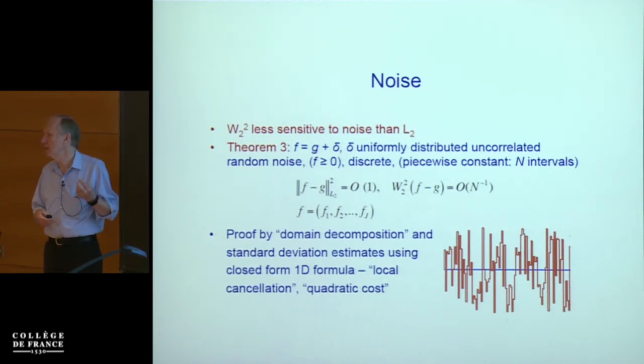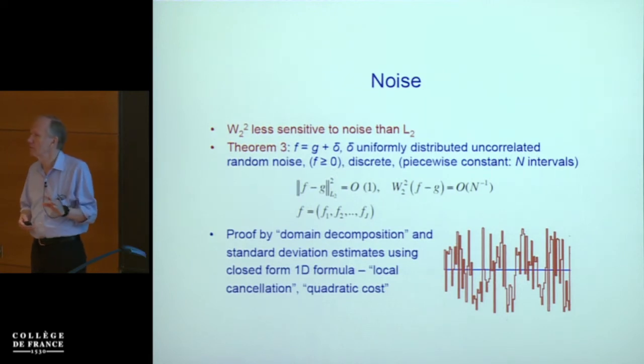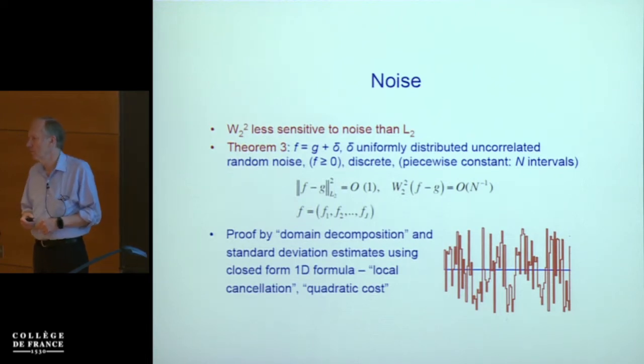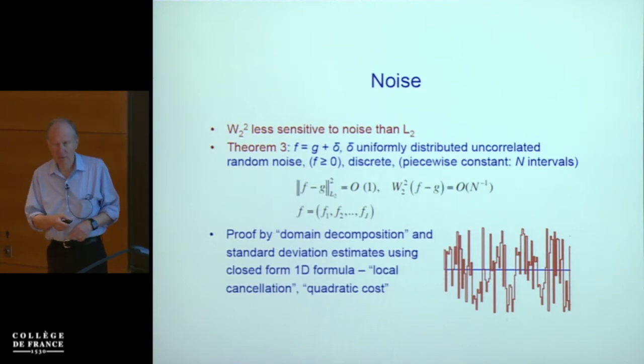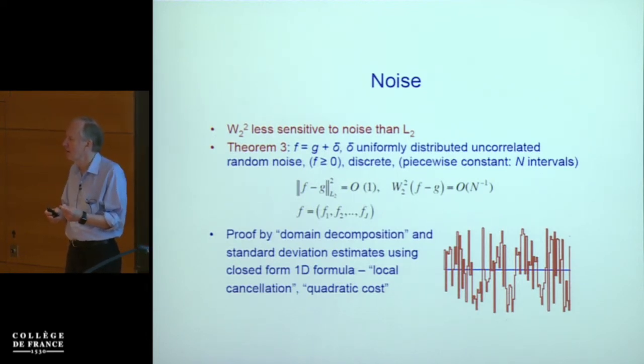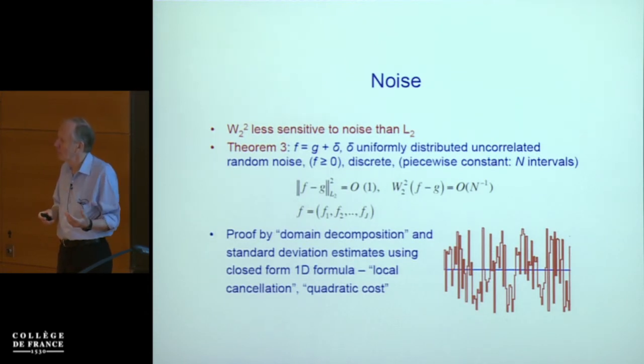Well, in 1D, if you do this thing, I don't know what happens. It's a weaker distance, so it should see noise even less. It cannot go worse. I mean, if you use this, the thing is that the cancellation, the distance is squared in the cost function there, and it's not.